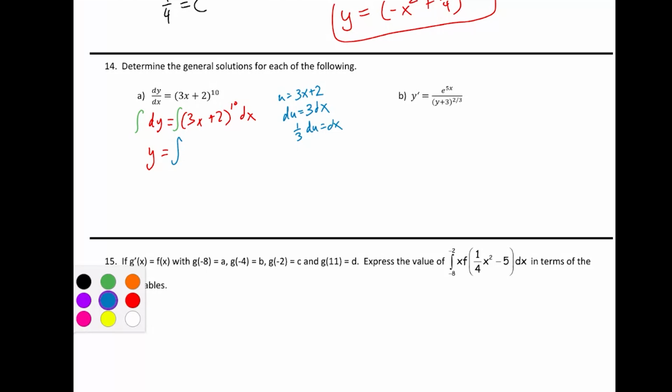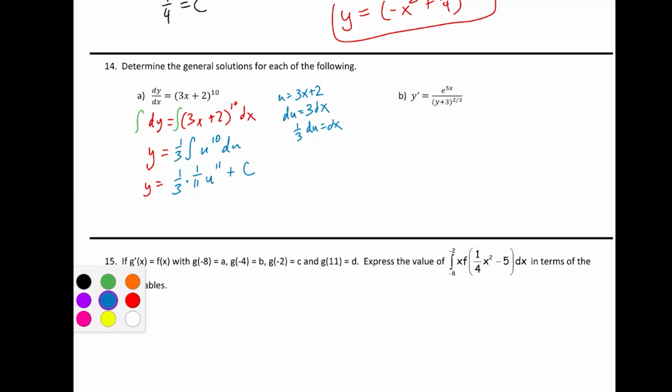I'll rewrite this as the integral of u to the 10th times 1/3 du. And then I can just use that classic power rule on this. So I get 1/3 times u to the 11th, and then times 1/11, because we got to divide by that new exponent, plus c.